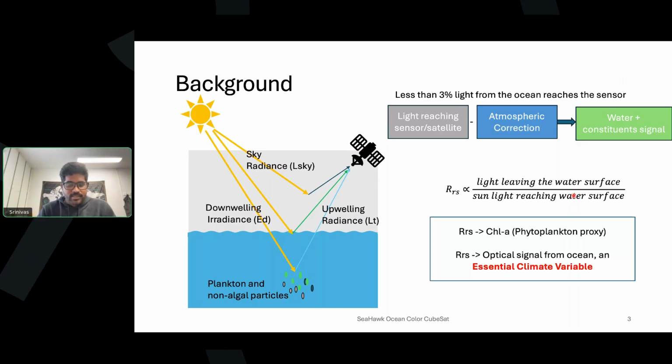One of the major parameters derived from remote sensing reflectance is chlorophyll a, a pigment present in most phytoplankton, and this chlorophyll a is used as a phytoplankton proxy. Apart from chlorophyll a, we also use the remote sensing reflectance signal as an essential climate variable. So this is just the signal from the ocean without any derived parameters, and this is considered an essential climate variable.